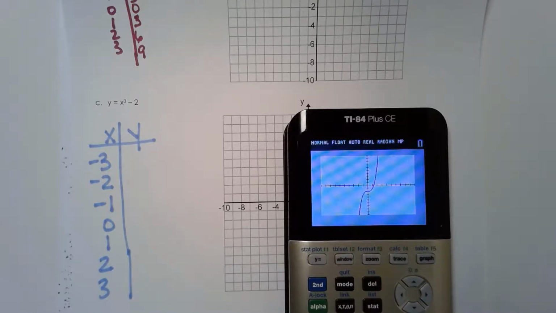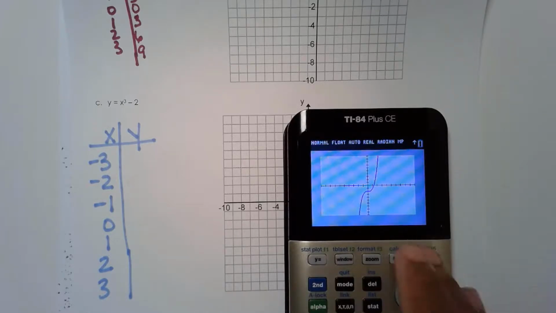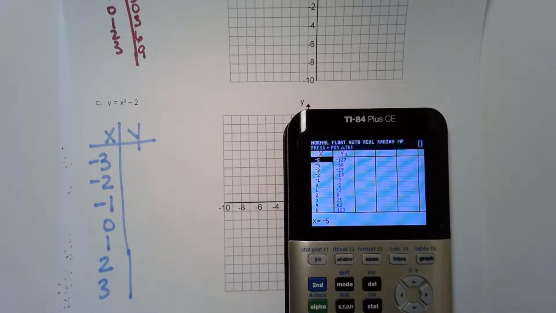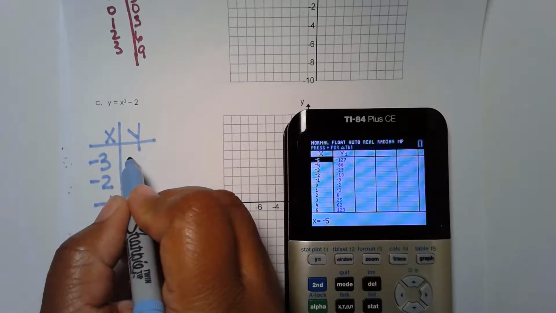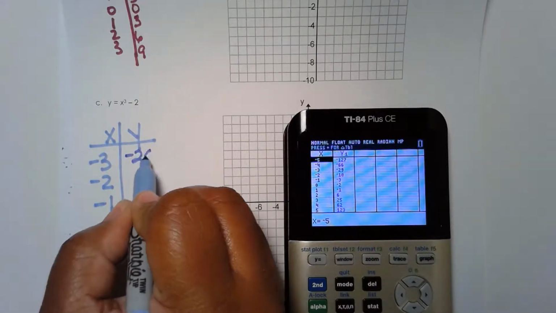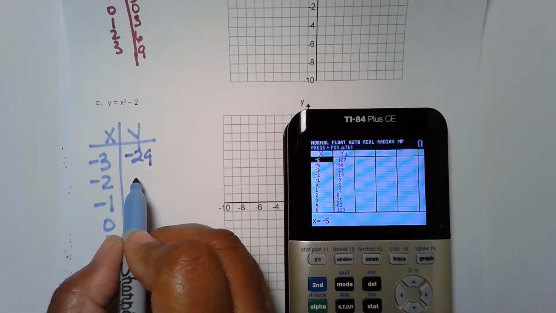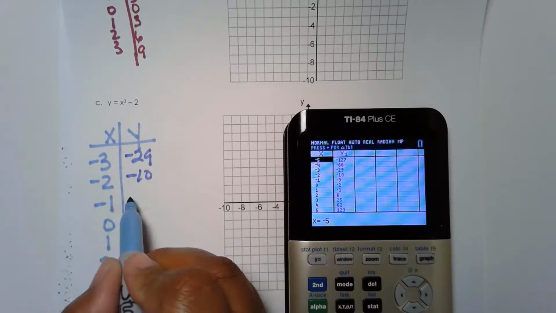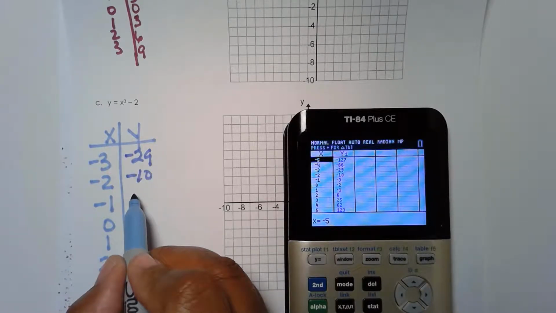Okay, so let's go to our table, press second and table, and let's enter this information in for our y value. So negative 3 is negative 29. At negative 2, we have negative 10. At negative 1, we have negative 3.